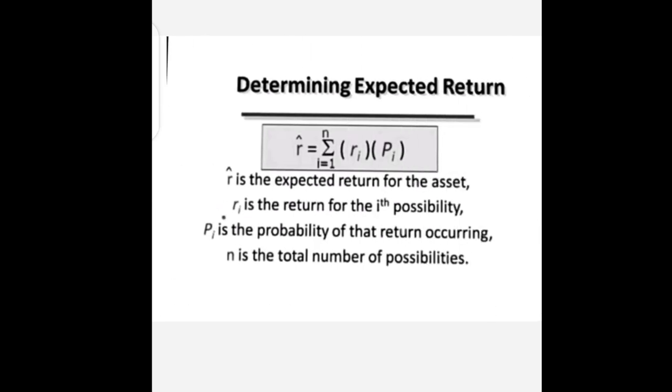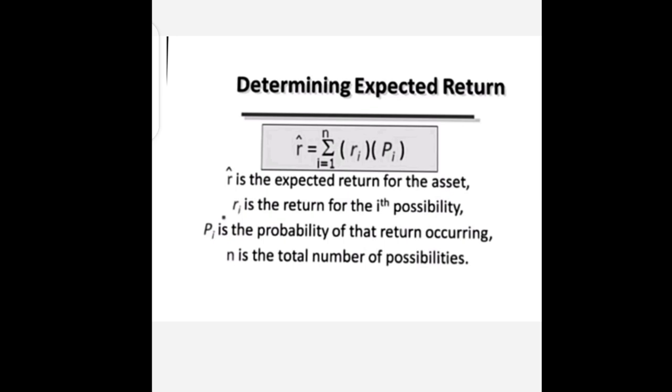So how we can determine it? We will simply sum up all the probabilities with the actual rate of return. So R cap is the expected rate of return on asset, Ri is the return for the highest possibility or the actual return, Pi is the probability of return occurring, N is the number of possibilities.